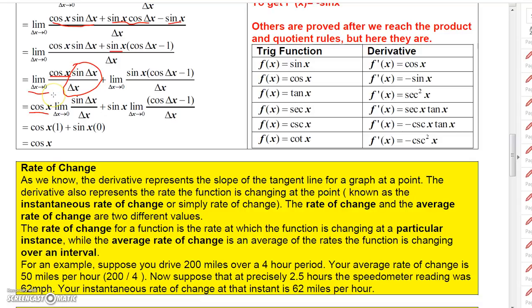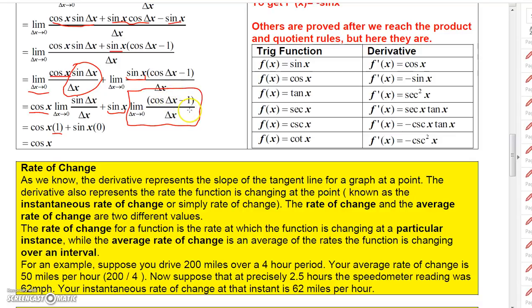You might remember that we said the limit of sine x over x as x approaches 0 is 1. So that limit is just going to be 1. And then over here, again, sine x is not dependent on delta x, so the limit of sine x is just sine x. And then this is cosine delta x minus 1 over delta x. It turns out you can easily show that, since the limit we had was the limit of 1 minus cosine x over x as x goes to 0, this is just the opposite of that because the numerator is turned around.